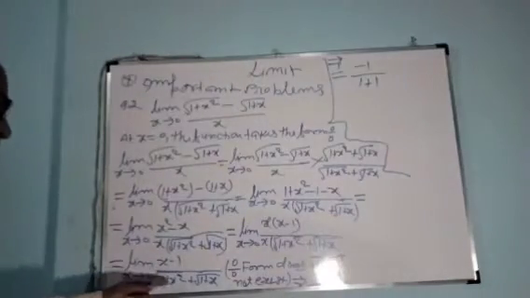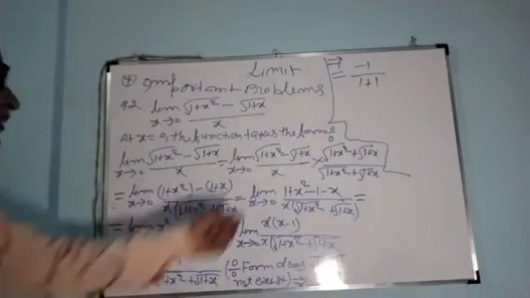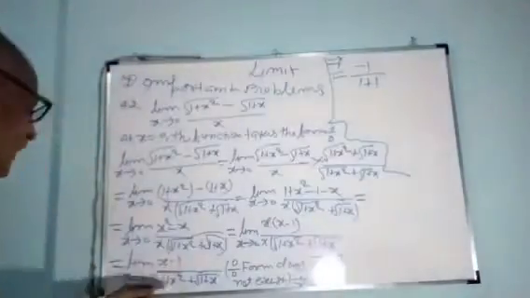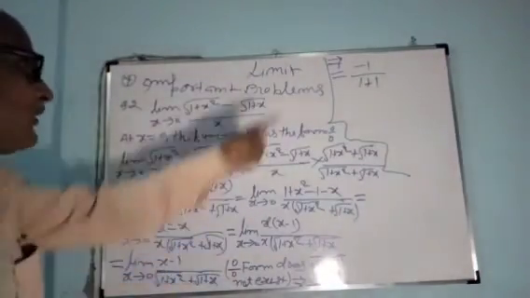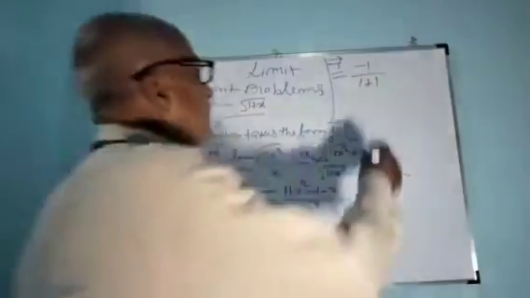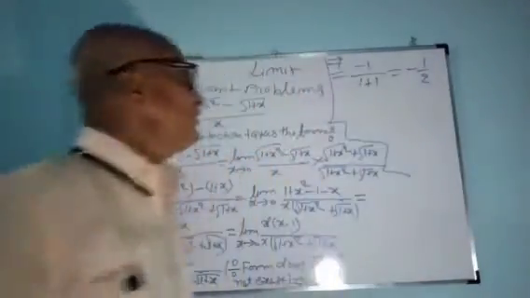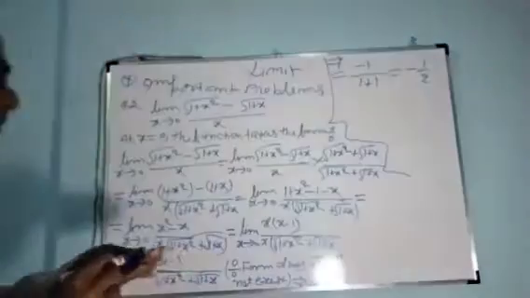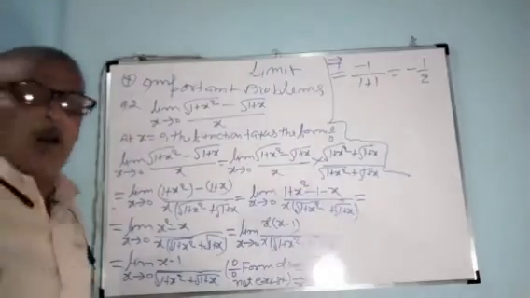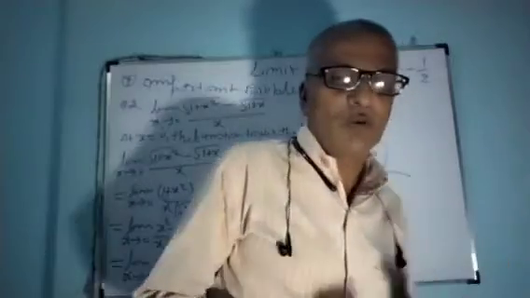Here x is 0, x square will be 0, x will be 0. Then what do we obtain? Minus 1 by 1 plus 1. As we know, square root of 1 is 1. This is equal to minus 1 by 2. This is the required limiting value of the function. You write it in your notebook.